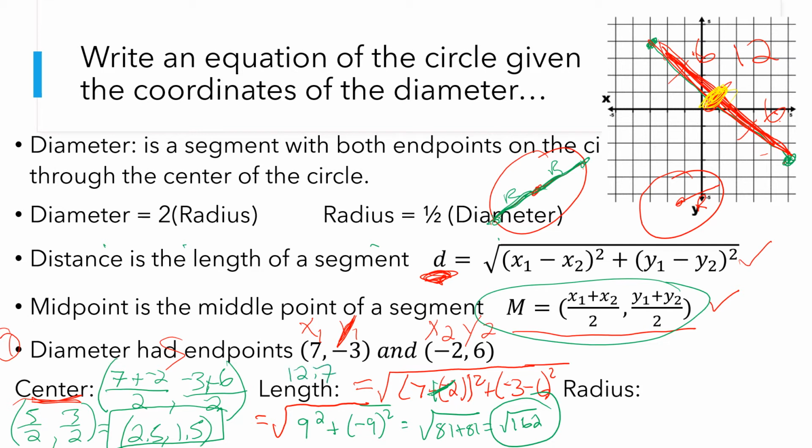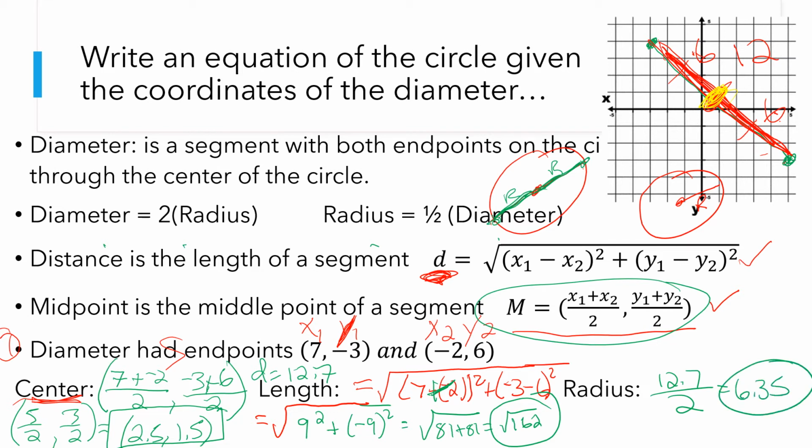Again, that's 12.7. And if my diameter is 12.7, then that means my radius would be half of that. So 12.7 divided by 2 is 6.35.